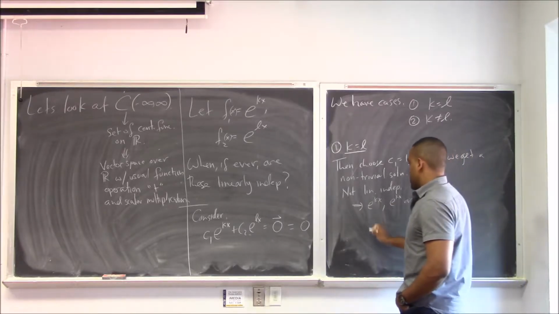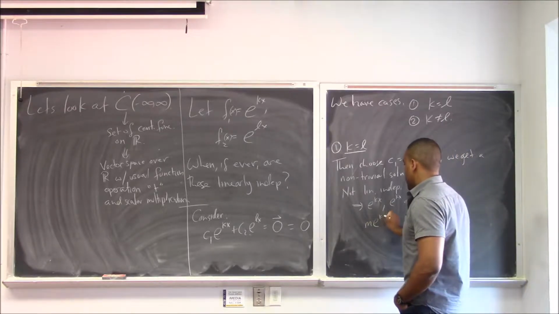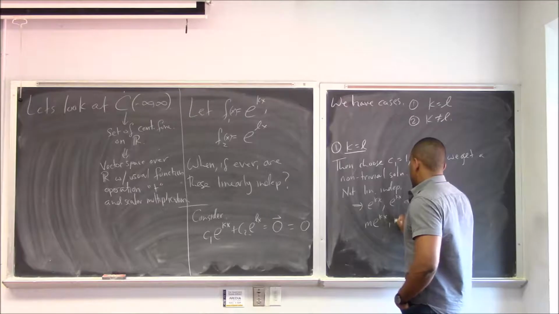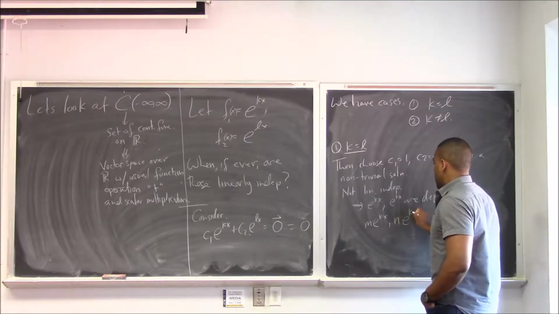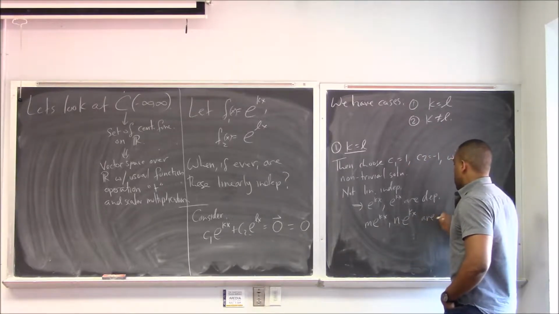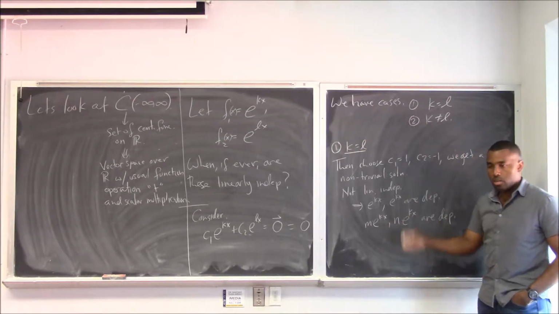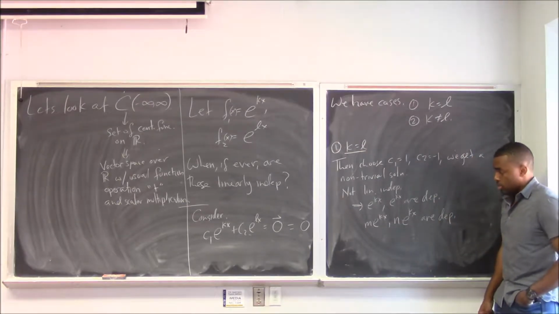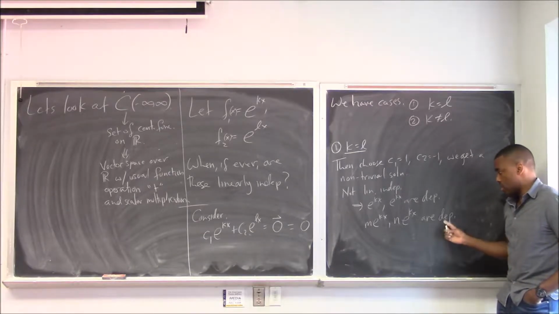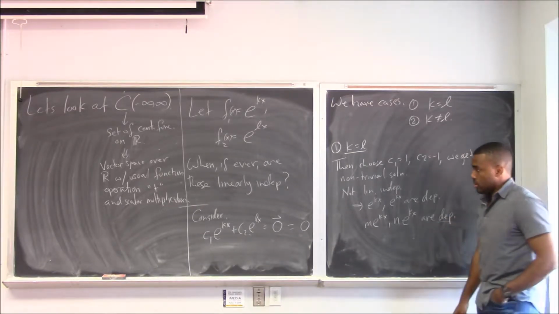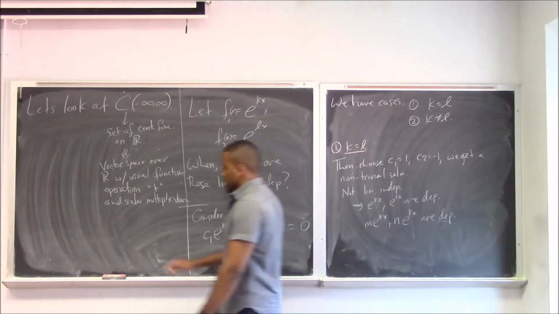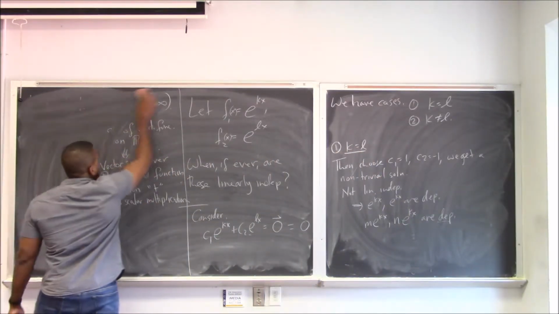Also, any multiple of these, if I take m e to the kx and n e to the kx, these are also dependent, right? If I multiply them by any non-zero scalar multiple, or even zero scalar multiples, they're going to be dependent. Okay? What about if k is not equal to l? How do you examine that situation?